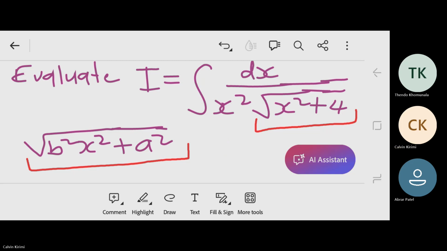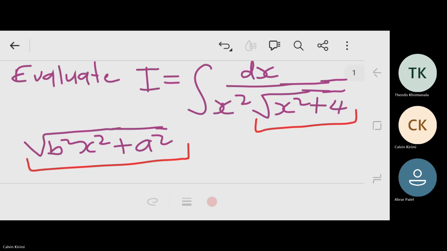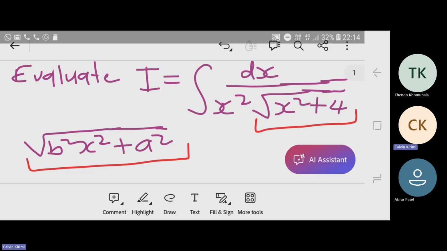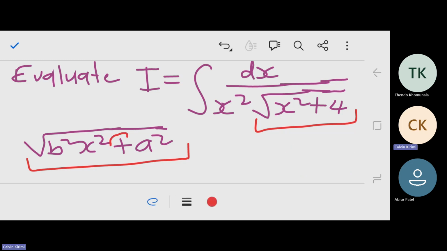All right. Once you have identified, now we need to let. What are we going to let here? There are 3 types of situation: where one of the terms is negative, then what you are going to let is different, and where a squared is subtracting b squared x squared, or b squared x squared is subtracting a squared, then what you let changes.